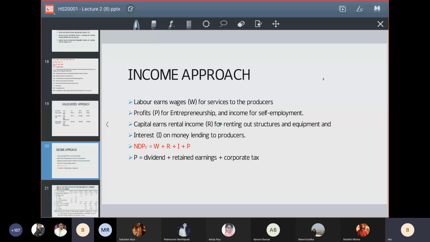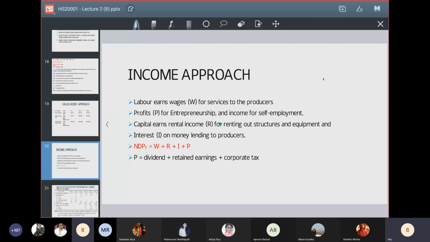However, in cases where you have a single person who is the labor himself, and who is the entrepreneur himself or herself, and who uses his or her own structure or own land, and who invests their own money there, then in that case the earning from that enterprise, like a tea stall, the simplest example you can think of.